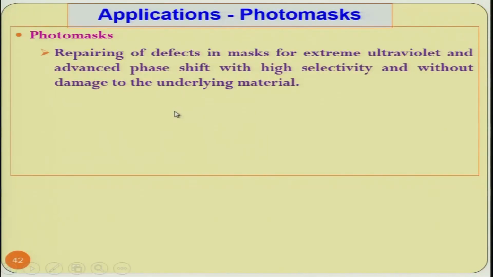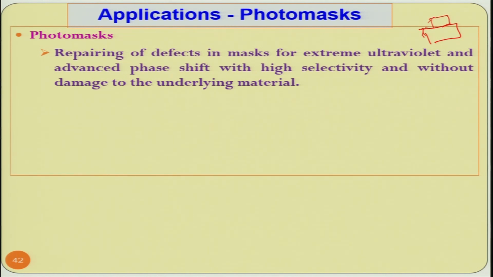And mask for extreme ultraviolet and advanced phase shift with high selectivity and without damage to the underlying material, because mask is always there, and suppose this is the main material or substrate and you prepare a mask and put it there.